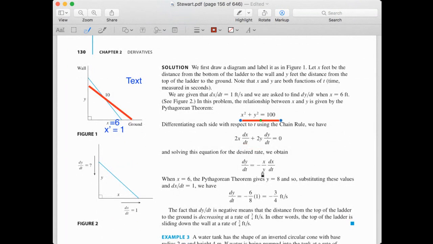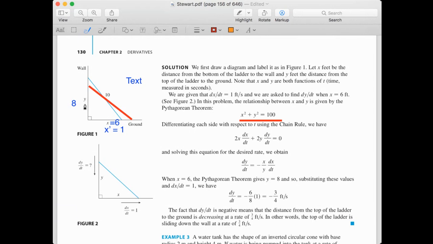Then we just plug in the ones we know. We're trying to find dy/dt, right? So x is given as 6. From x, we can solve for y. If x is 6 and the hypotenuse is 10, we know this has to be 8. 3, 4, 5 makes Pythagorean triplets. 6 is 2 times 3, 10 is 2 times 5, so y is 2 times 4, so y equals 8.